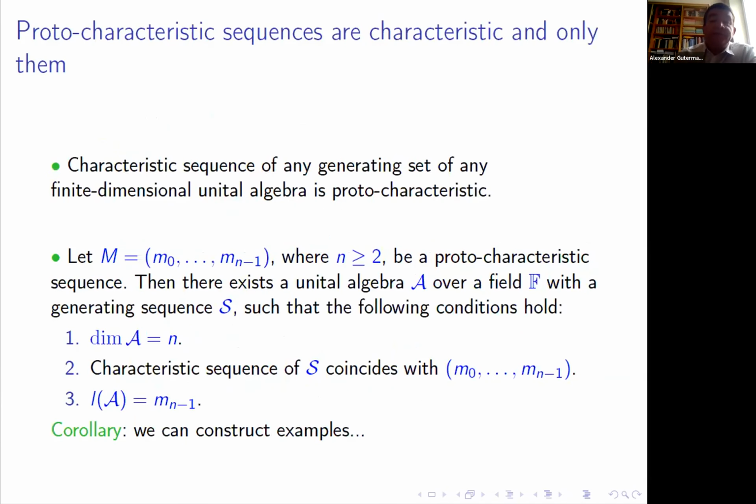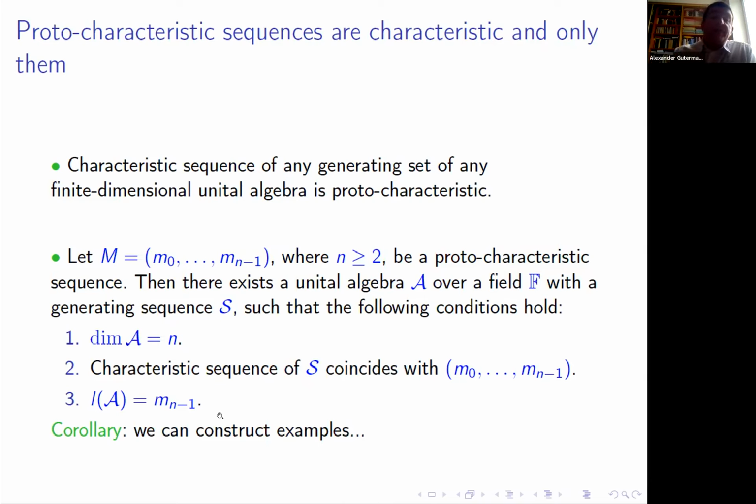And the nice fact is that the characteristic sequence of any generating set of any finite dimensional unital algebra is proto-characteristic. And given a proper proto-characteristic sequence, we could always find an algebra with a characteristic sequence equal to this proto-characteristic combinatorial sequence, and the length is the last term.